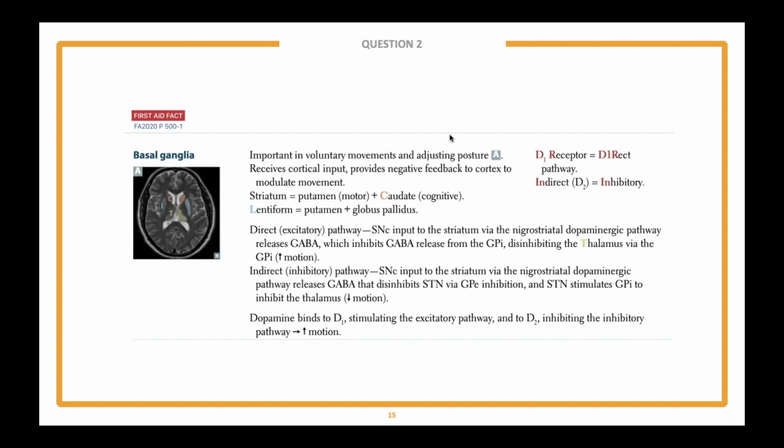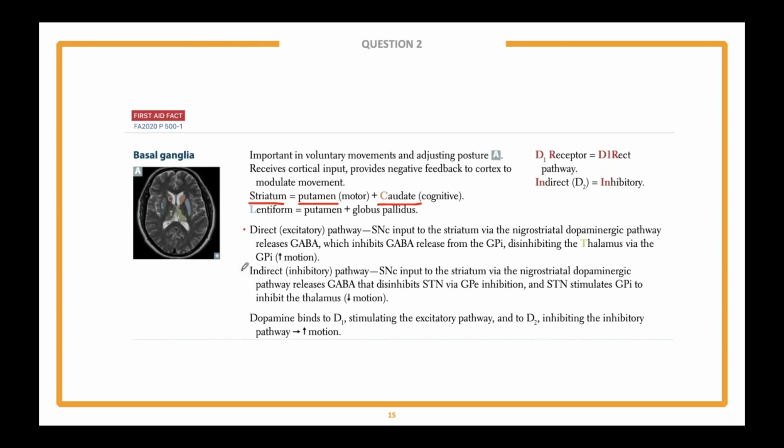So the D1 receptor is responsible for what we refer to as the direct pathway, and D2 is the indirect pathway, okay? We'll talk about that here in just a second. But before we continue, make a note here that the striatum includes the putamen and the caudate, and we were only given one of these as the answer choices. 2 things to keep in mind.